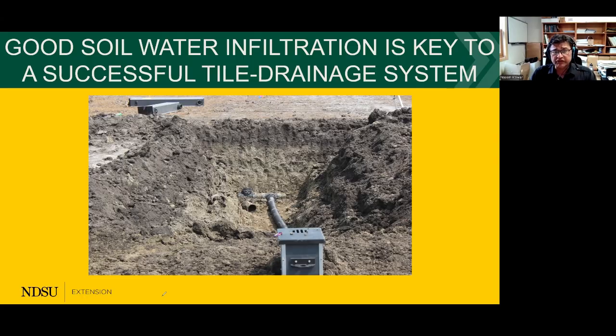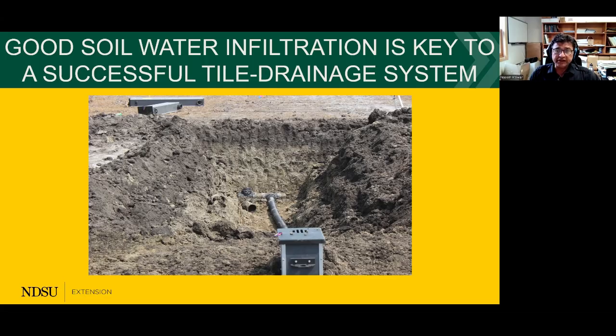So this is a picture of our tile drainage project here at the Langdon REC, which we tiled in 2014. Tiling depth is 4 feet below the surface. And what we have found is that after decent rainfall or heavy rainfall, when I say heavy rainfall, 1.5 inches or more, we still don't get that sump pump to run.